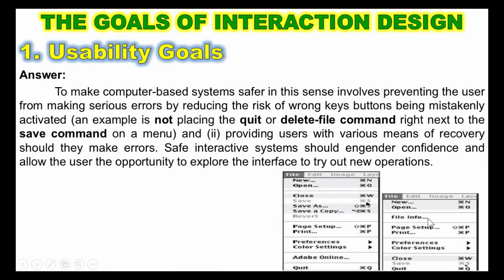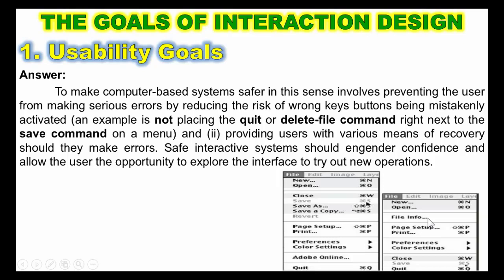Continuation of the answer to the previous question: to make computer-based systems safer in this sense involves preventing the user from making serious errors by reducing the risk of wrong keys or buttons being mistakenly activated.